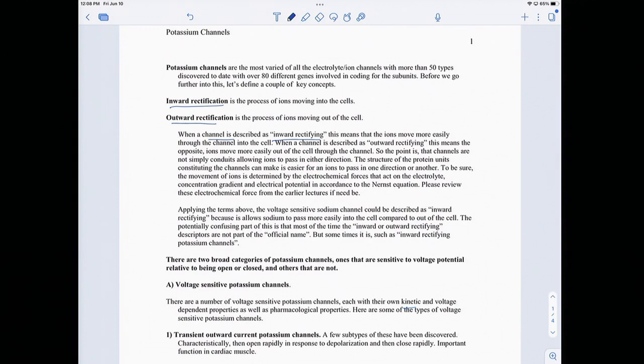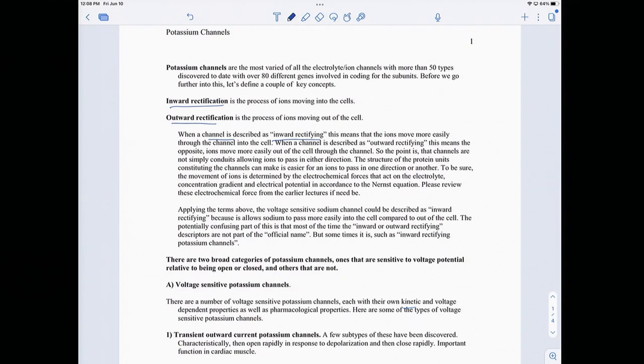Now, what direction the potassium will flow is strictly dependent upon the Nernst value and the reversal potential. In other words, you'll recall that the Nernst value is a mathematical equation that allows us to predict the equilibrium point in terms of movement of an electrolyte.